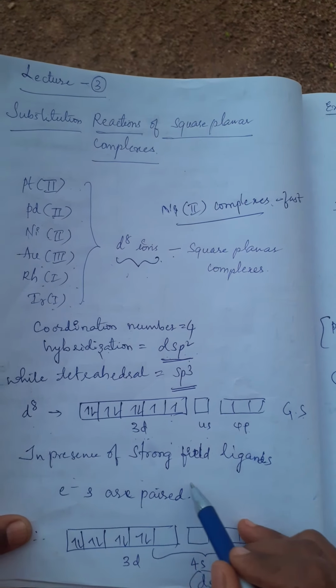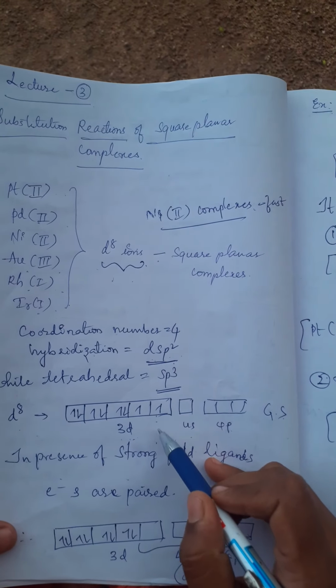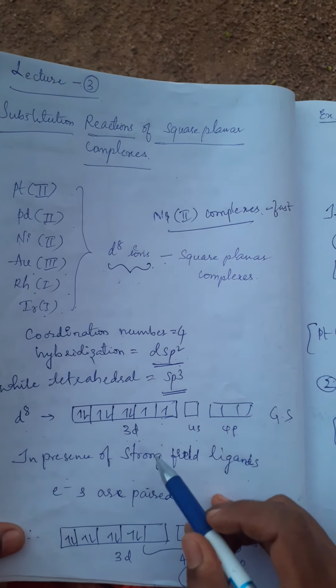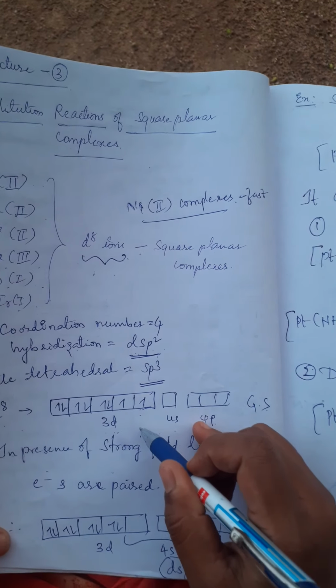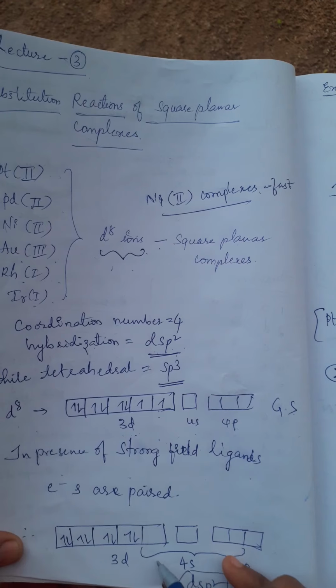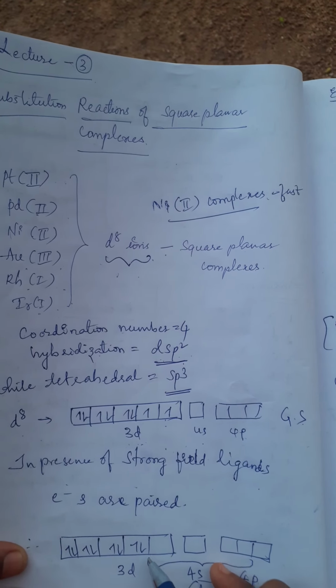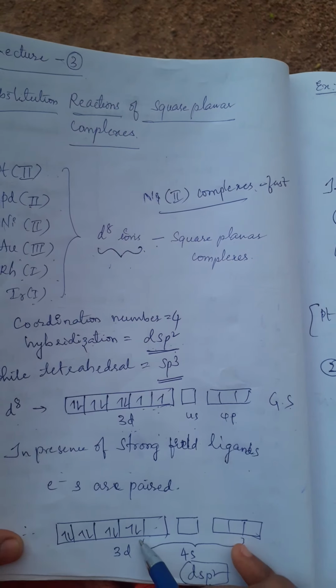In the presence of strong field ligands, the electrons will be paired up against the repulsive forces caused by the ligands. The strong field ligands can rearrange the electrons, and the unpaired valence electrons will be paired up.